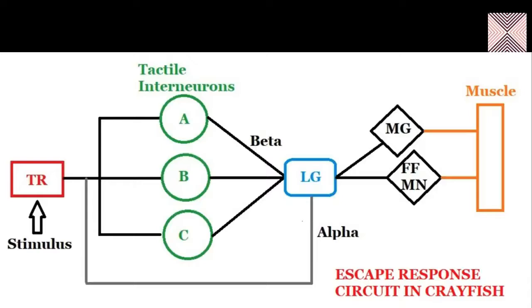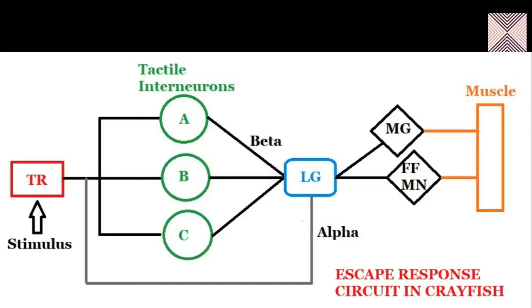It can be a mechanical pricking, it can be some mechanical touch by the predator. So after sensing the particular stimulus, the tactile receptor will give off the impulses to the tactile interneurons. Here they have been labeled as the A, B and C. They may interconnect in between themselves.